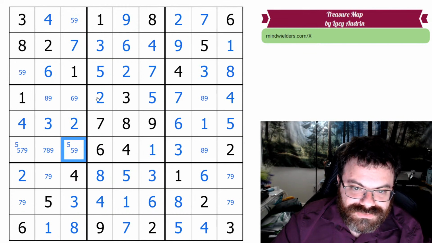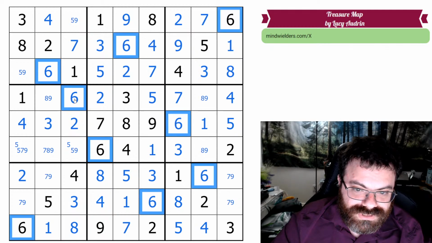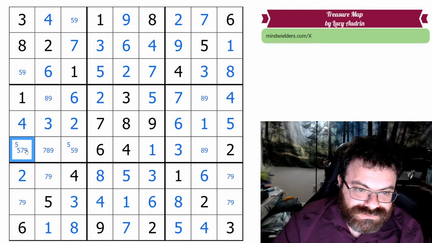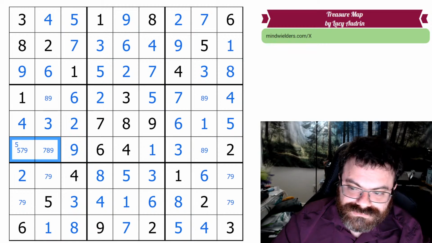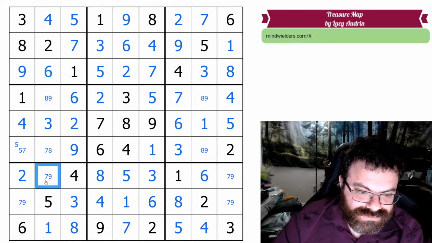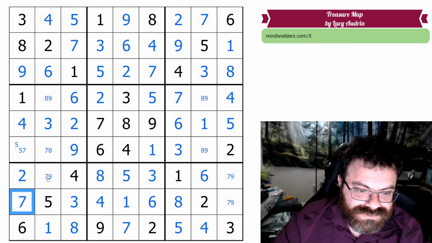I'm just not scanning something. 8, 9 pair puts a 6 here. I think that finishes the 6s. 5 sees 9. This is a 7.